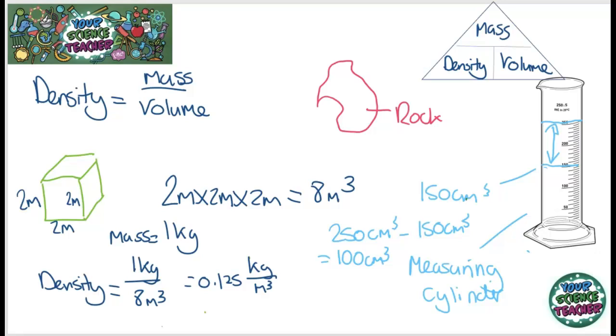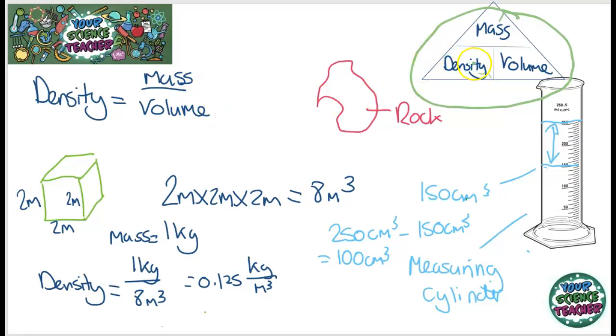Also in this topic, we investigate something called density, which is how closely together particles are packed. In order to calculate density, you use this equation here. I know this slide is a bit packed and I don't usually do this, but remember, I'm trying to go through as quickly as possible.